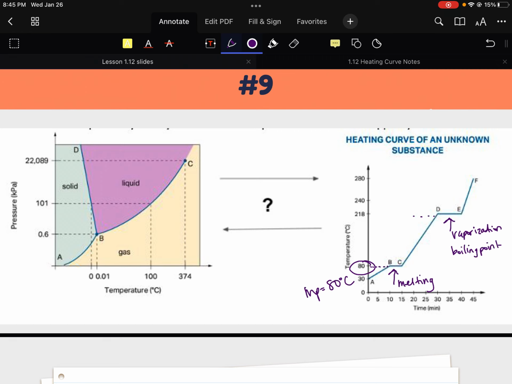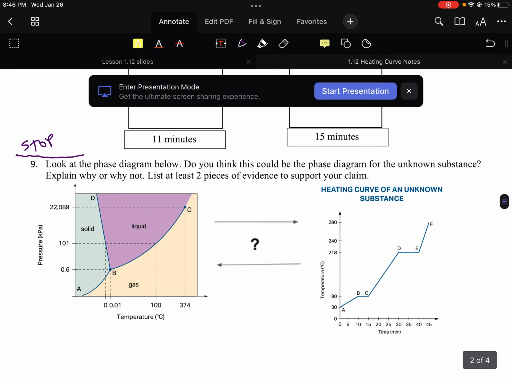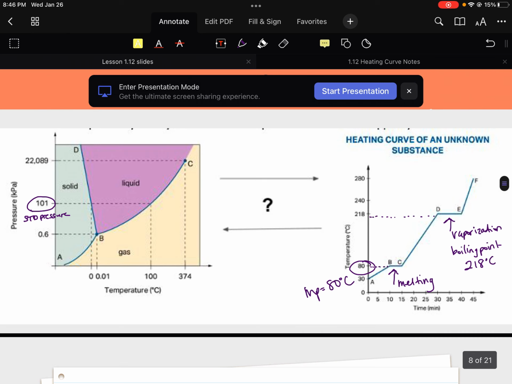So I can come over here to my phase diagram, and now I can compare. Where is my substance melting? Well, melting is going from a solid to a liquid. And remember our 101, this is our standard pressure. So this is the pressure we want to compare to, since it doesn't specify a different pressure on your notes.